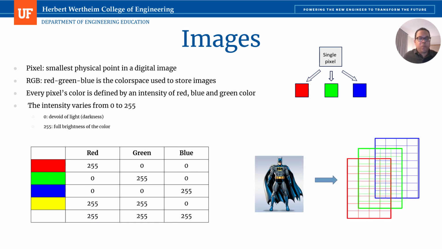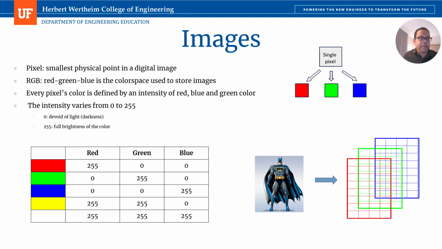So what happens when we have an image like the Batman that is presented here? Basically, we have thousands of pixels, thousands of data points that represent a color, and an image like the one for the Batman will have three matrices, one dedicated to the red, one to the green, and one to the blue.